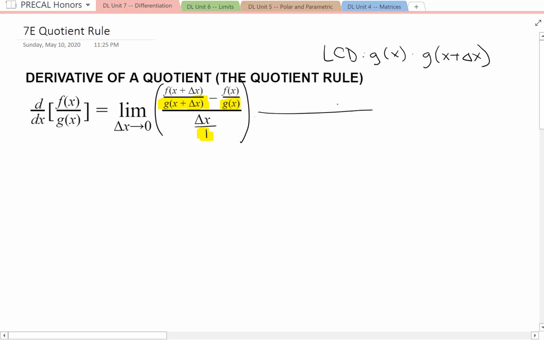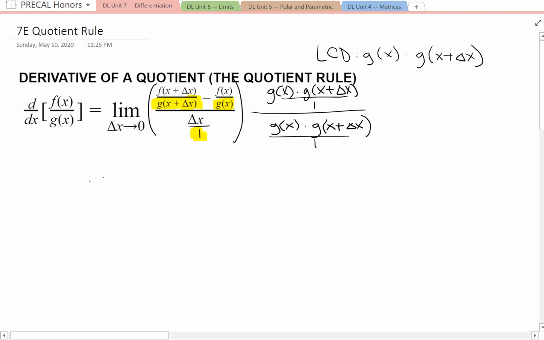We're going to multiply this by g of x times g of x plus delta x over g of x times g of x plus delta x. If it helps you, you could also say this is over 1 and this is over 1. Either way, you're multiplying by a special form of the number 1.